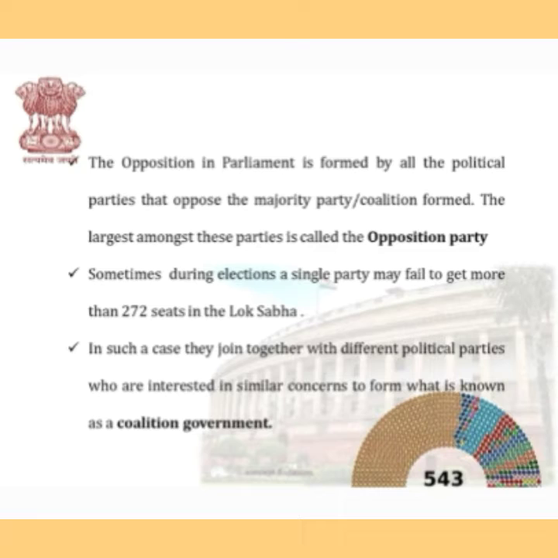The opposition in the parliament is formed by all the political parties that oppose the majority. Sometimes one political party cannot win more than half. At that time a coalition is formed. The opposition parties should oppose the ruling party. The largest among these parties is called the opposition party.